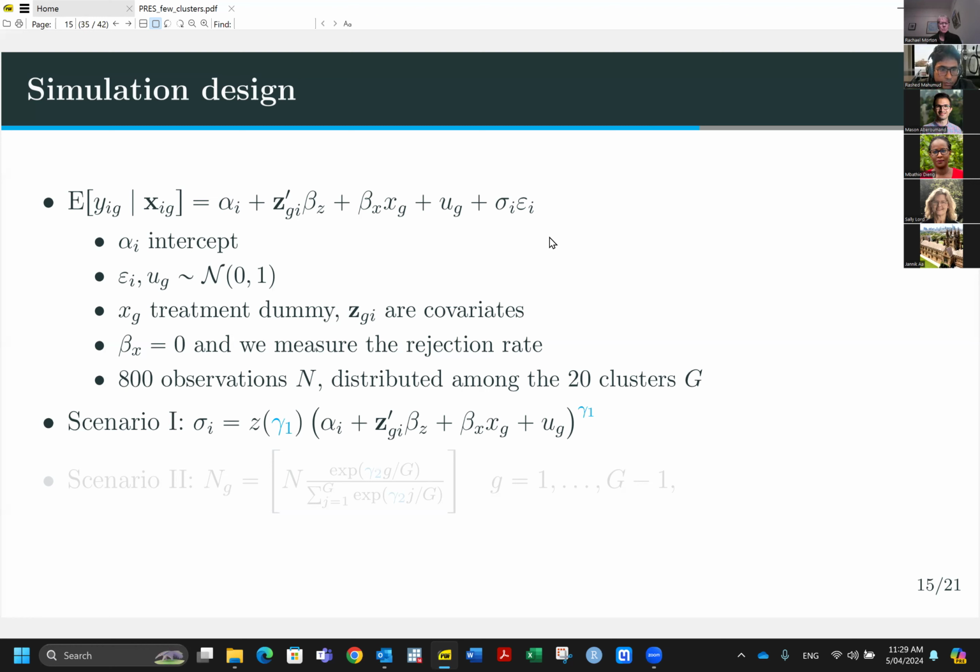What it does is create heteroskedasticity. In the data we still see clusters of the same size, but we make the correlation between clusters more and more extreme. Why is it a bit complicated, why not just this parameter? Because we want to keep the average variance the same. The average variance in this data process is the same, but it becomes more and more extreme.